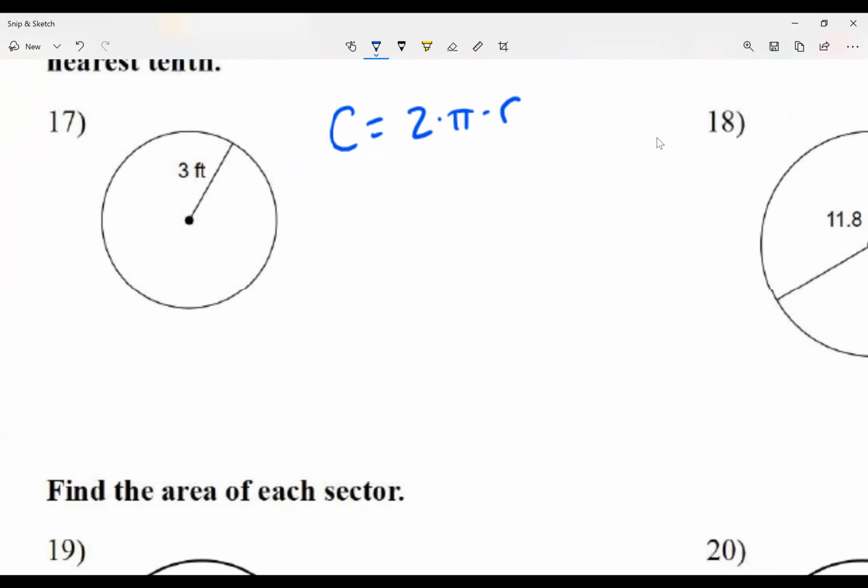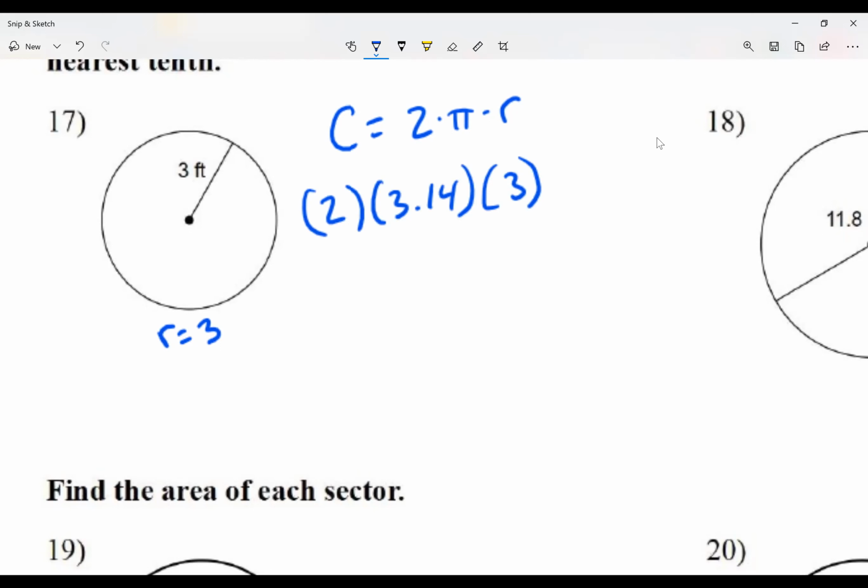If you combine 2 times the radius, that's the diameter. So some people call it diameter pi. I'm just going to call it 2 times pi times the radius. In this case, the radius is 3. Let me write it under the circle. That is what is given. So to find the circumference, I'm going to go 2 times 3.14 times 3. It's always 2 times pi times the radius.